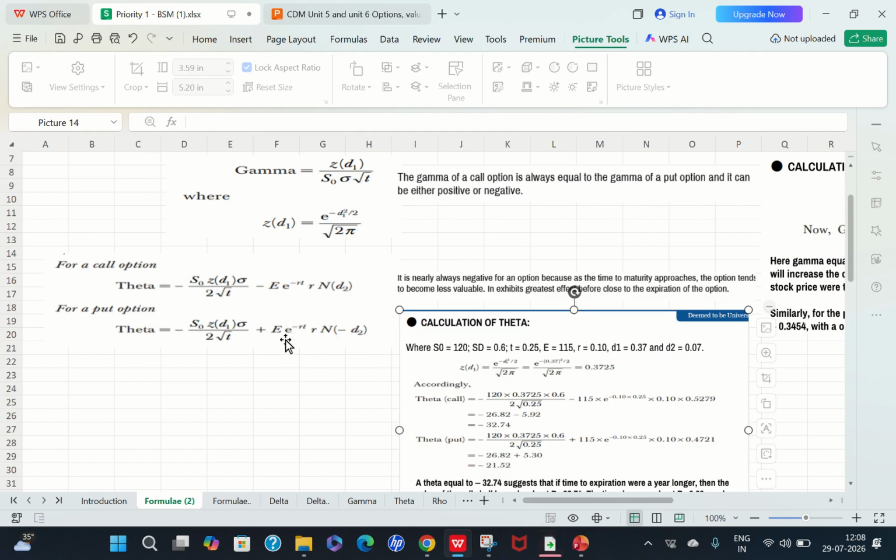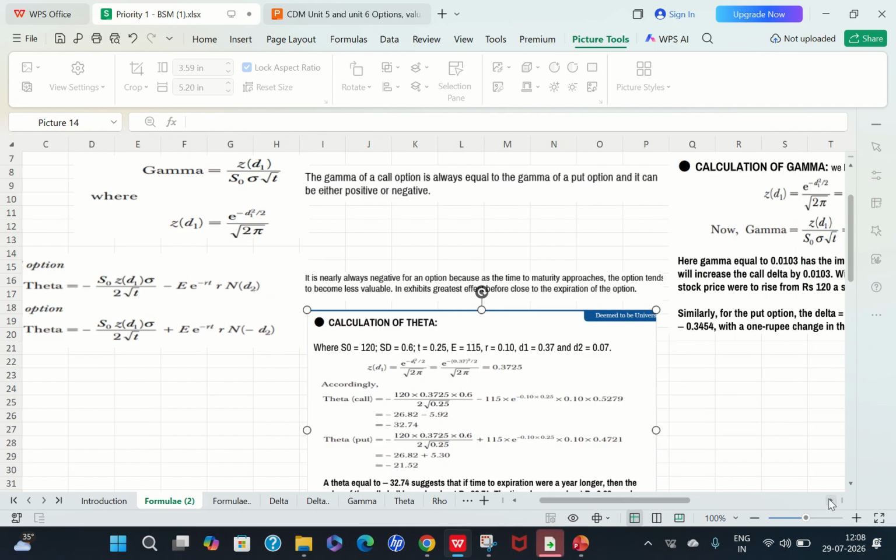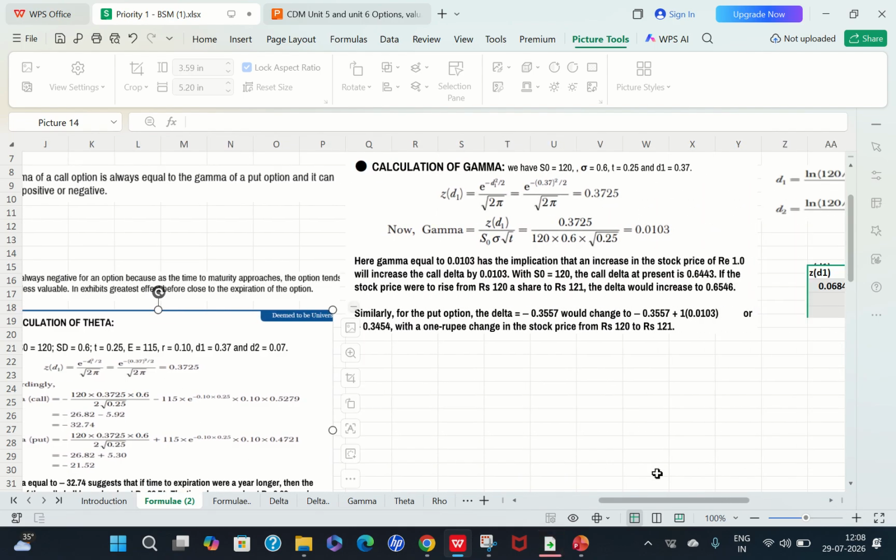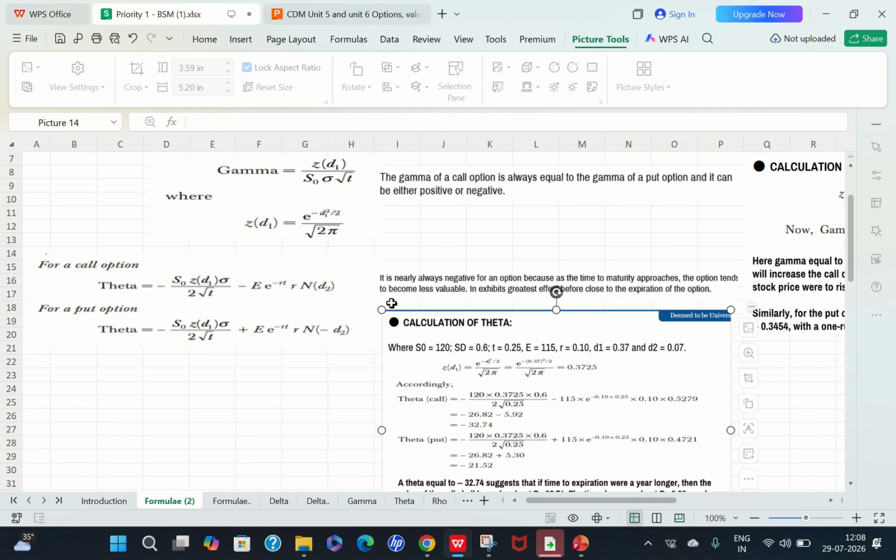So ZD1, we got it in the previous problem itself, 0.3725. Remember this one. This will be used subsequently, even for theta. So it is 120 into 0.3725 into 0.6 divided by 2 into root 0.25. This entire thing is one calculation. Then 115 into e to the power of minus 0.10 into 0.25.